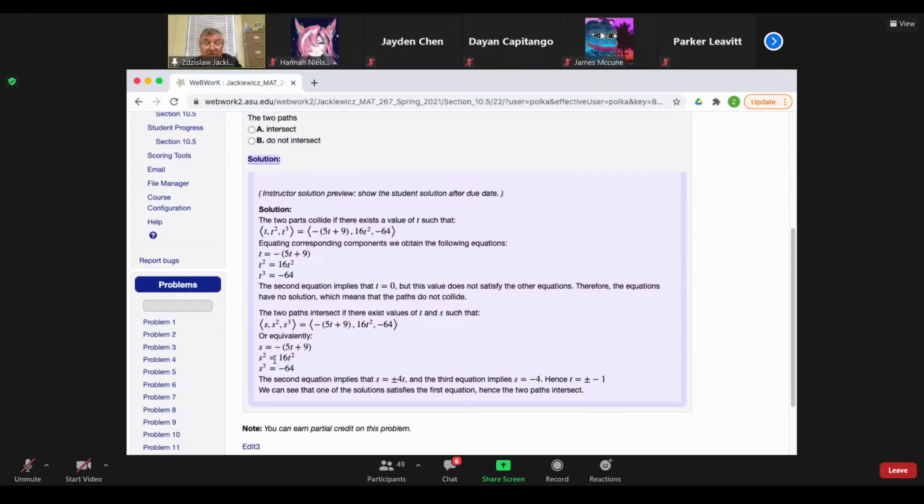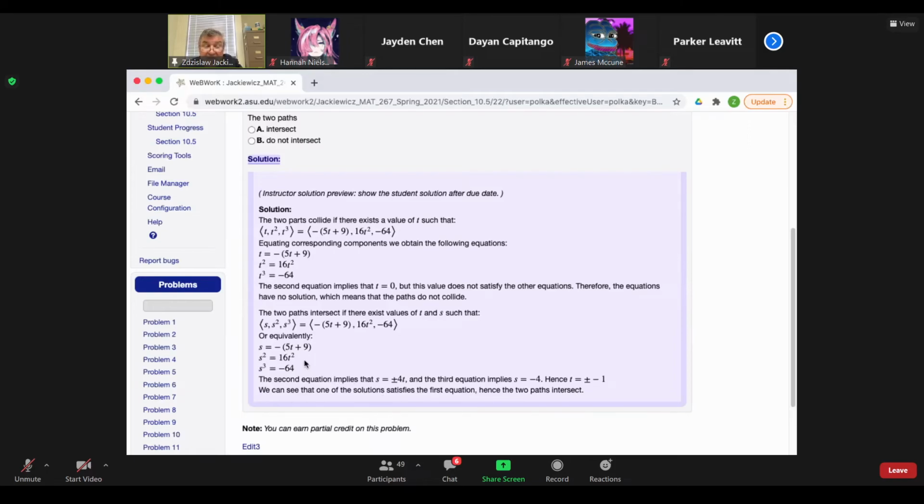So now you see, trying to solve it, from the 3rd equation, s is equal to plus or minus 4t. If s is this, and you substitute it in the last equations, then you get that t equals plus or minus 1.